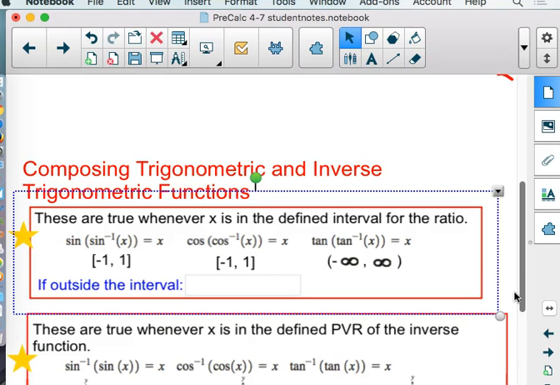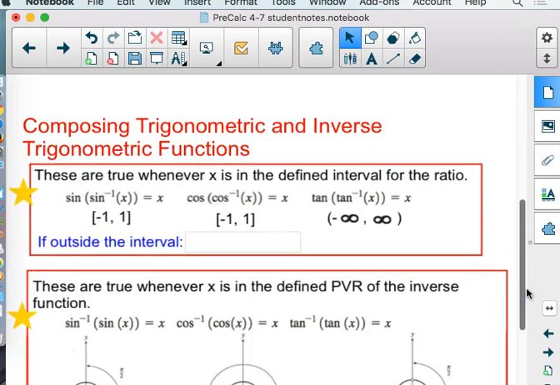And then for tangent, that one doesn't have any restrictions. So that means tangent and inverse tangent are always going to cancel each other out. Here's what we need. And if this is not a number between -1 and 1, and this is not a number between -1 and 1, what do we have to write down?